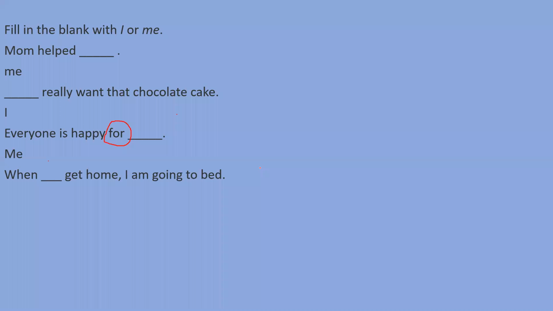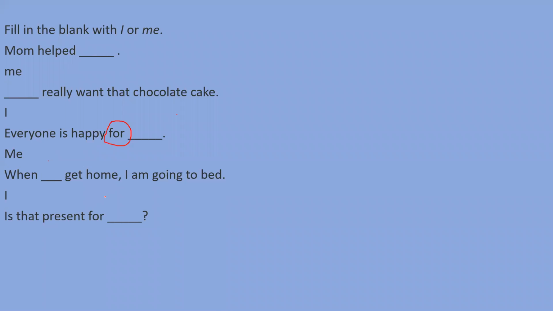Try to give the answer. Very good. I will come. Very good, right answer. When I get home, because get is a verb, and before the verb we need to write the nominative case pronoun, means subjective case pronoun.